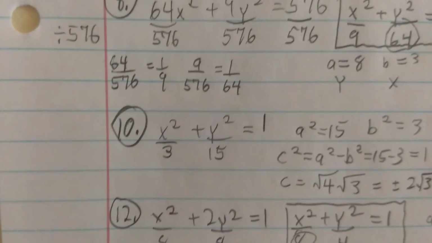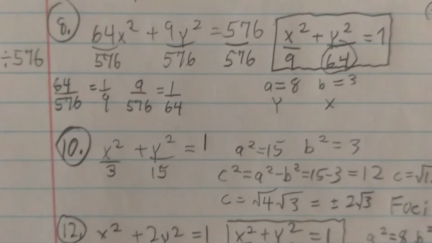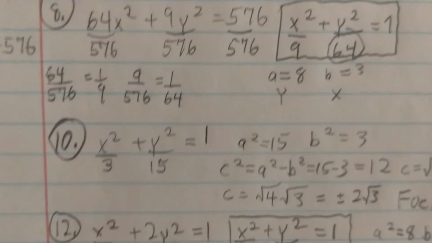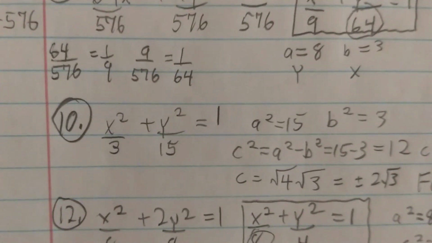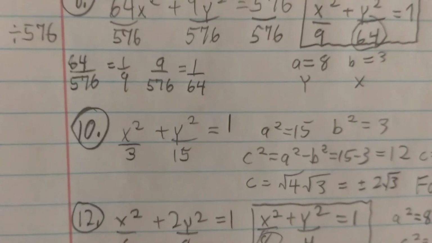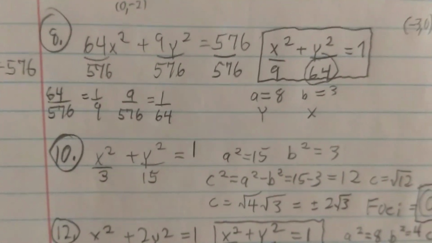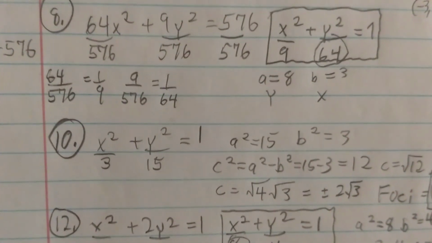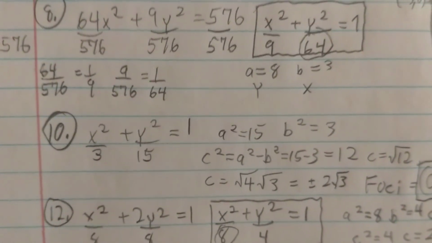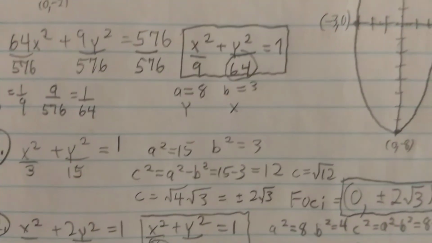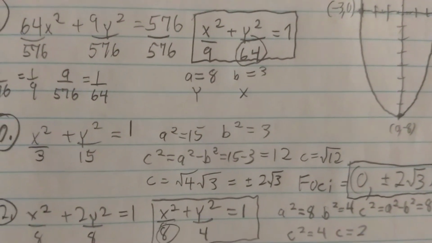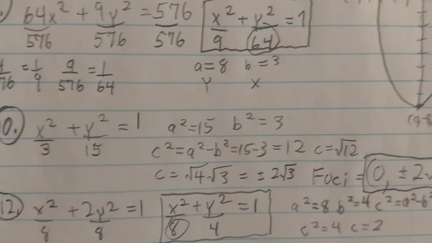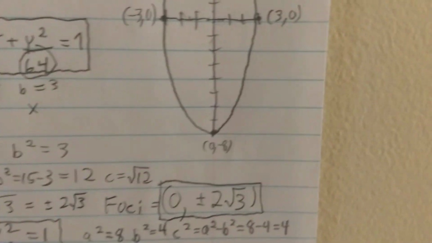Math enter, is 1 over 9, and 9 over 576 is 1 over 64 using the math enter. So this now simplifies to x squared over 9 plus y squared over 64 equals 1, and that gives us a of 8 for y and b of 3 for x.